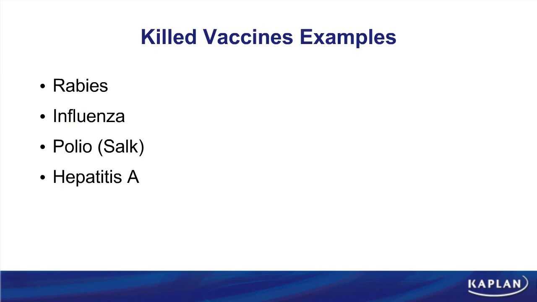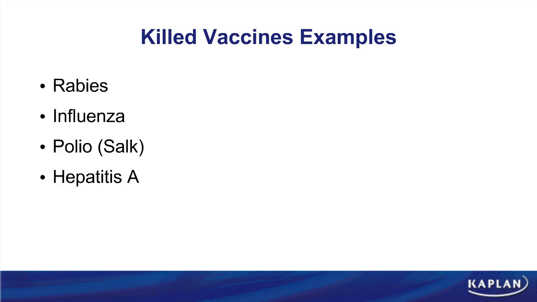The killed vaccines that we use in the U.S. are the rabies vaccine, which is a unique vaccine in and of itself, of course, because we only use that post-exposure. So most of these other vaccines are given to prevent disease at all, but the rabies vaccine is really supposed to be given after a bite of a suspected rabid animal. So that's a little bit unique.